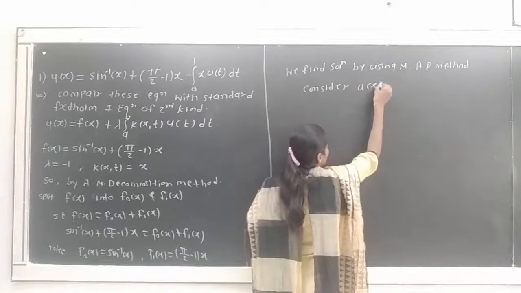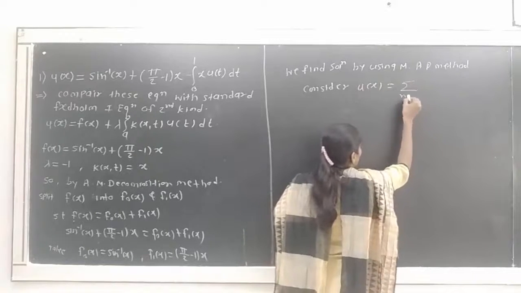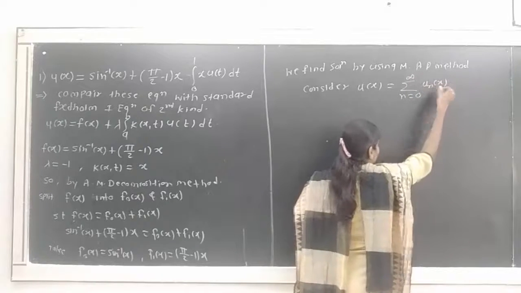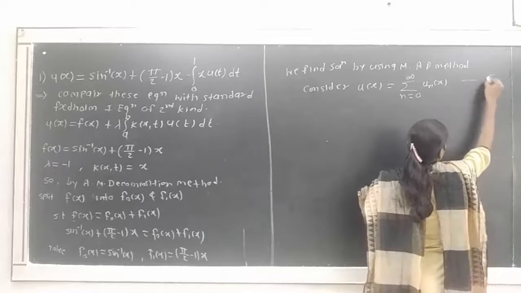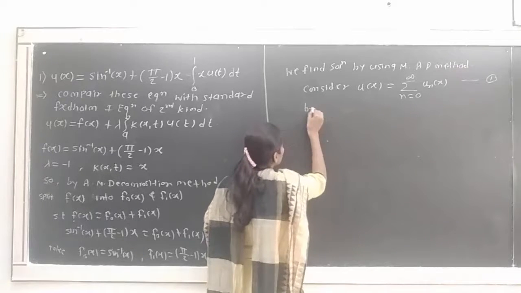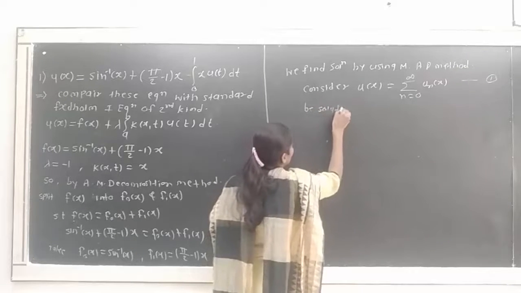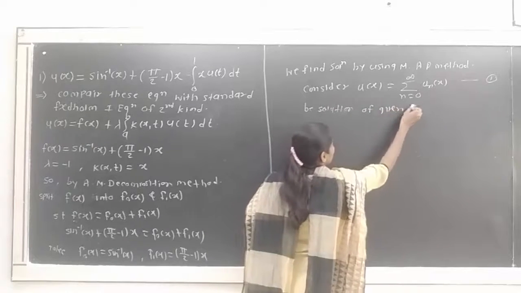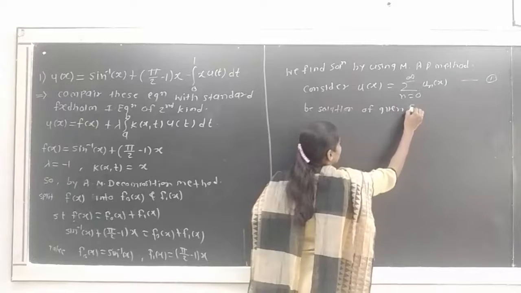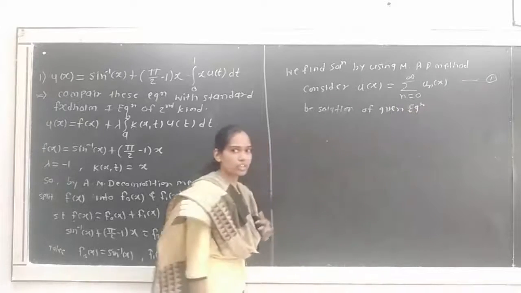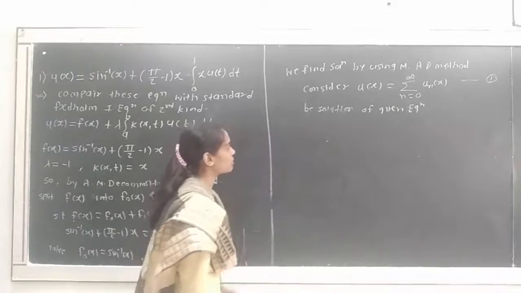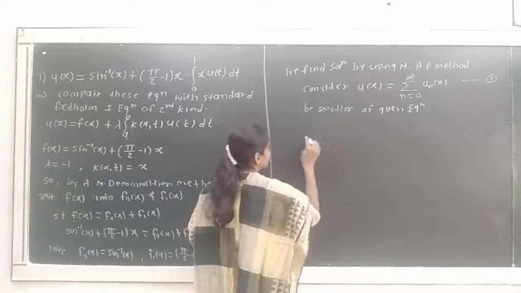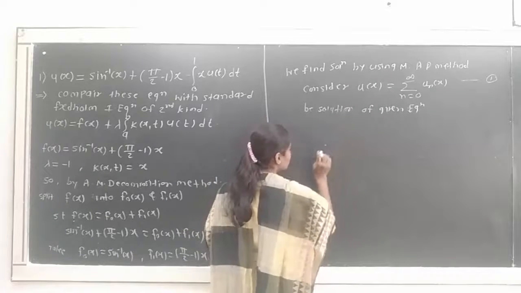We consider u of x is equal to summation n is equal to 0 to infinity un of x, as equation number 1, the solution of the given integral equation. Here we consider the solution in series form. Then we find the components u0 of x, u1 of x and so on.